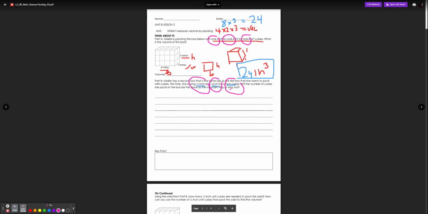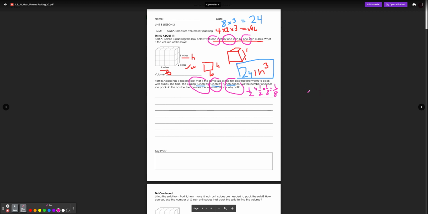And the reason why is because when we multiply 1/2 inch by 1/2 inch by 1/2 inch, 1/2 times 1/2 times 1/2 gives us 1/8. So the number of cubes would not be the same. So they would not have the same volume.